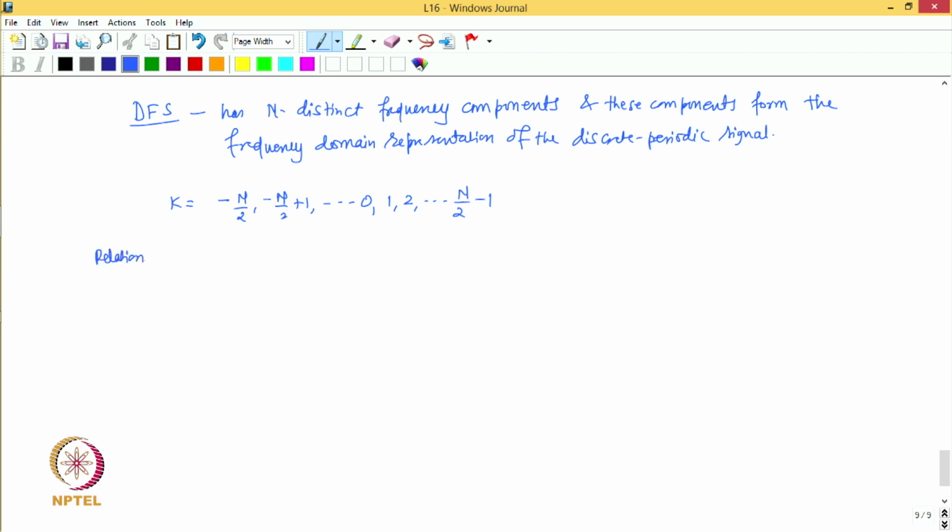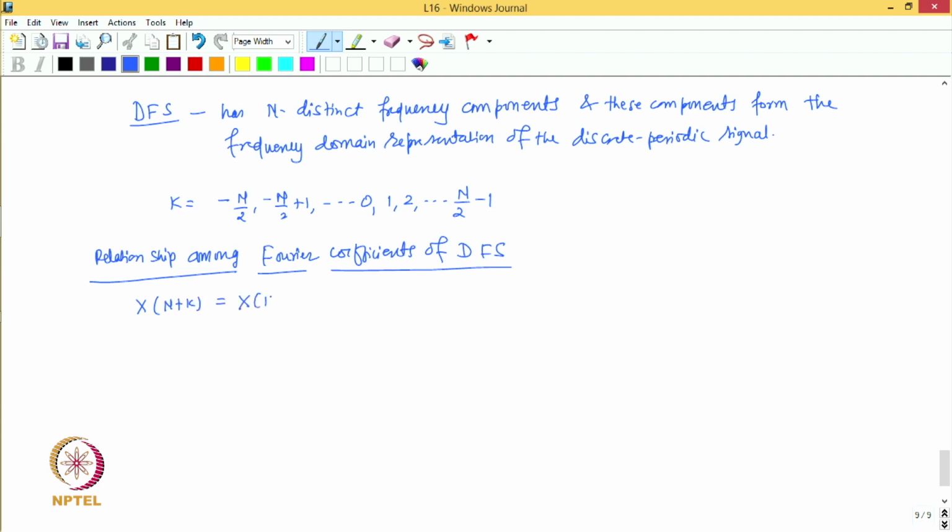Relationship among Fourier coefficients of DFS. Let us look at these relationships. First relationship we got was that x n plus k is equal to xk. So, the components k and n plus k have the same amplitude.